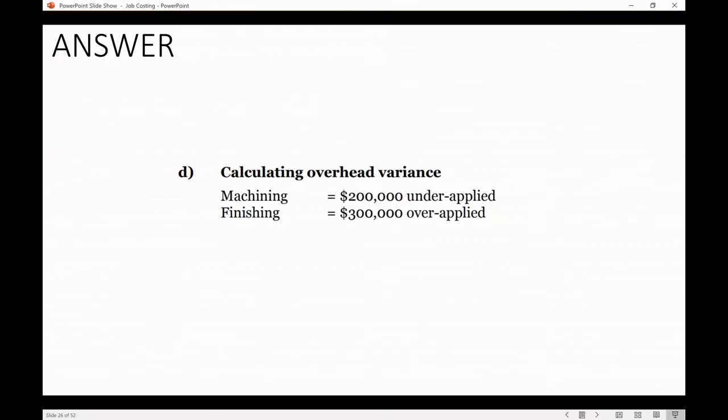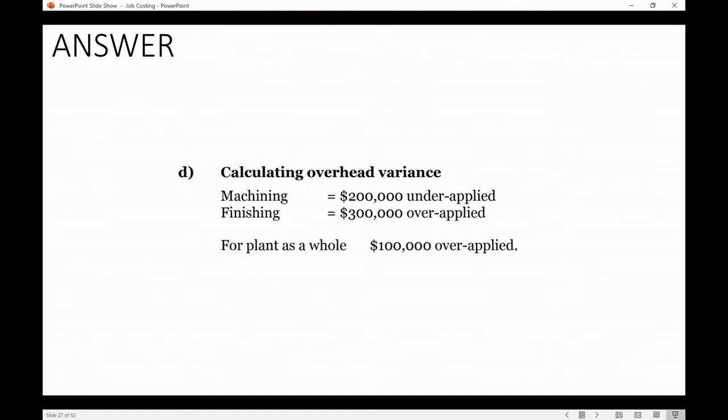And the 300,000, a positive figure. So the difference between both is 100,000. And is this going to be under or over-applied? Which was greater? The over-applied, right? So here we're saying for the plant as a whole, it is 100,000 over-applied.